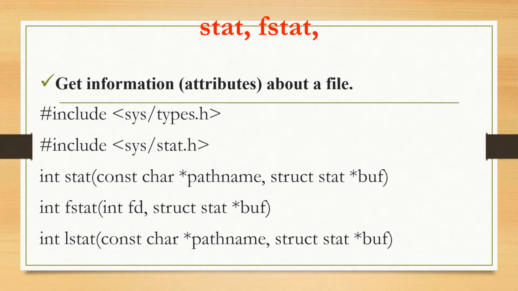The function stat returns an integer type, and it contains two parameters. One is a character pointer that refers to a path name. The second indicates the structure that contains the stat variable. Second, fstat returns a value in the form of an integer. This also contains two parameters.